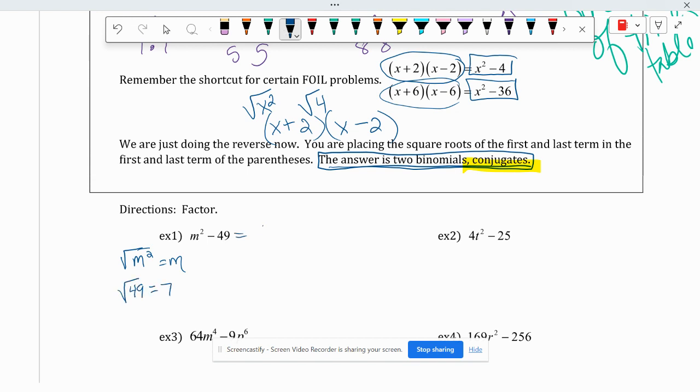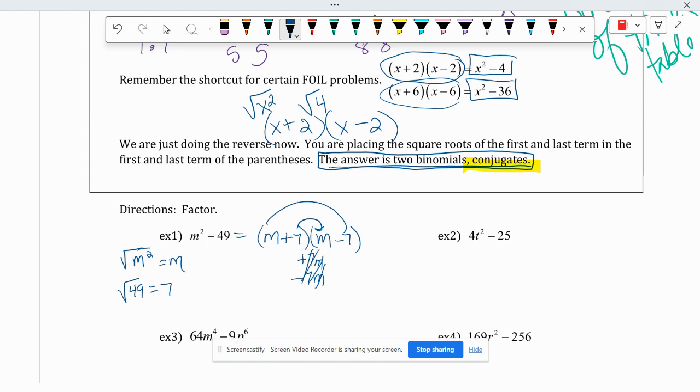So this factors out to m plus 7 times the quantity of m minus 7. Does that make sense? Why does that work? Well, because when I FOIL these, I get a positive 7m and a negative 7m, so that those middle terms cancel each other out. That's why that works, okay?